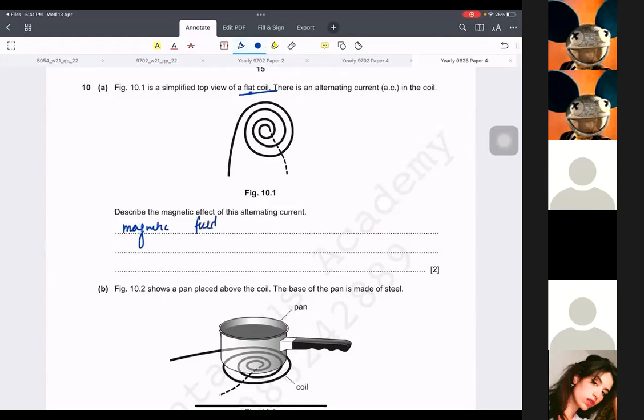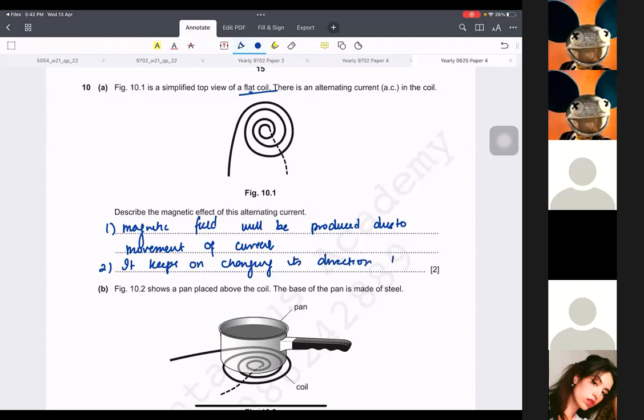Magnetic field will be produced due to movement of current. So that would be your first mark. And for the second mark, you will say that it keeps on changing its direction of field. This is because the current is alternating, right? So you have to write this.